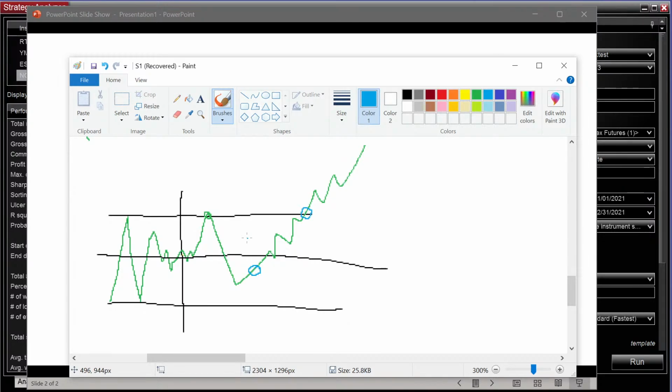And the reason why is because your equity drawdown resets when you make a new equity high. Everybody knows this. And so the question of every day is always, do I buy the breakout or do I buy a pullback?